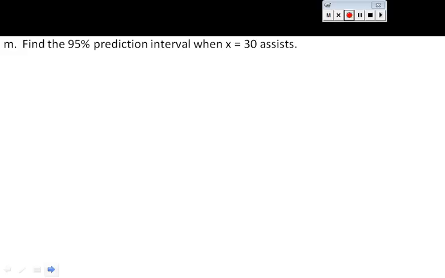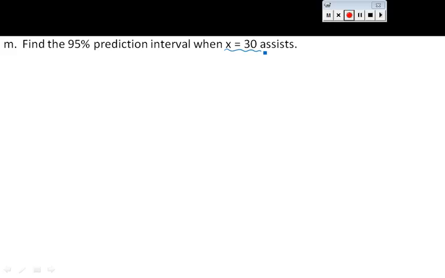We have what's called a prediction interval. A prediction interval is similar to our confidence intervals that we've been working with the last few chapters. The prediction interval is for a specific x value, so a specific value of your independent variable. And we use it to give us an interval of where that actual y value would be for the dependent variable.